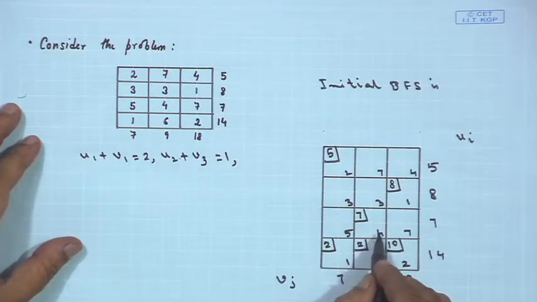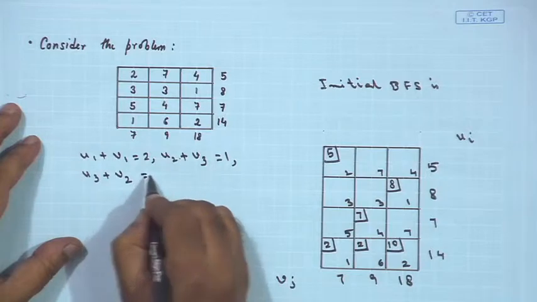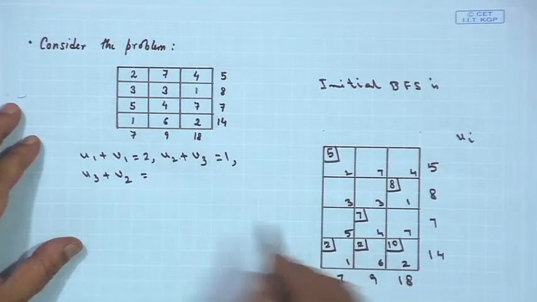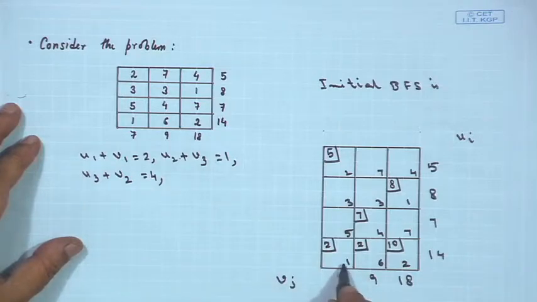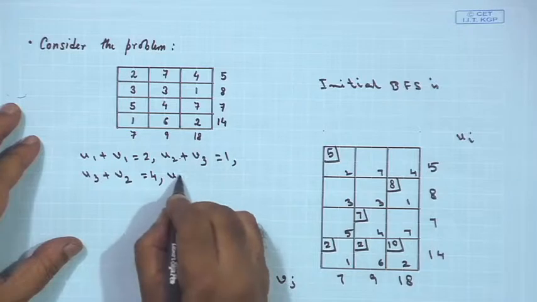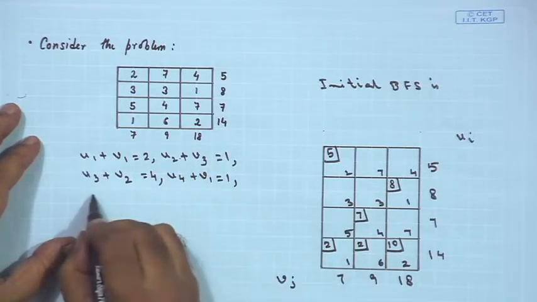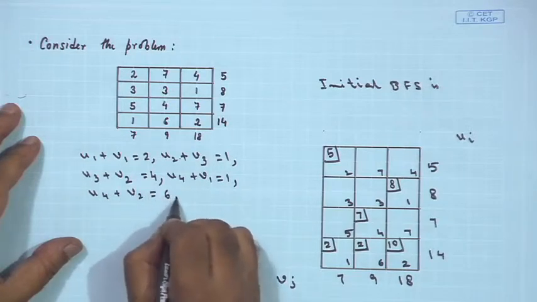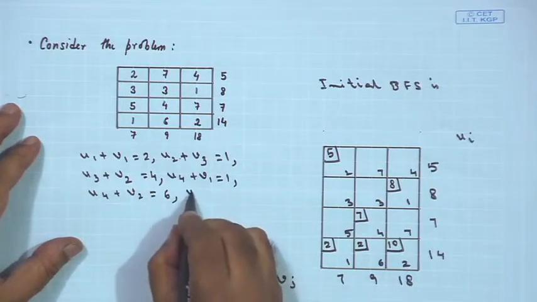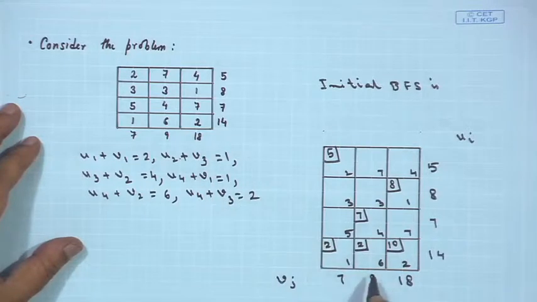Next, this one is u3 plus v2 equals 4. Next one is this cell, which is u4 plus v1 equals 1, then u4 plus v2 equals 6 and u4 plus v3 equals 2.